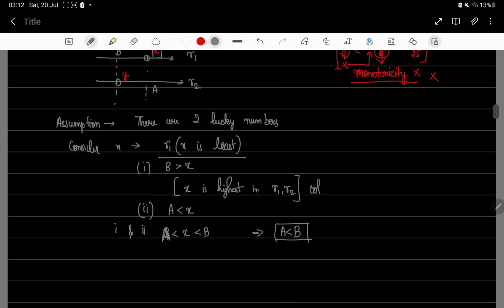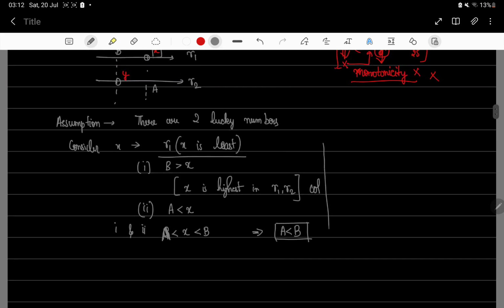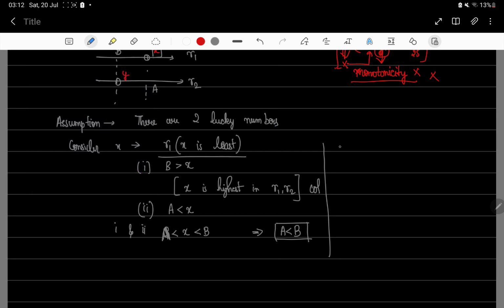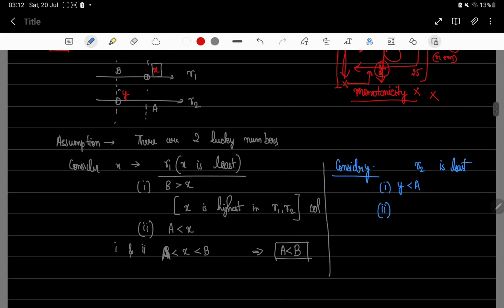Now similarly, when I consider y, in R2 it is the least. When we are considering the row as the entity, it should be the least in the row, which means y should be less than a is our first inference, and the second inference is with respect to b: y should also be the highest in that column, which means y is greater than b.